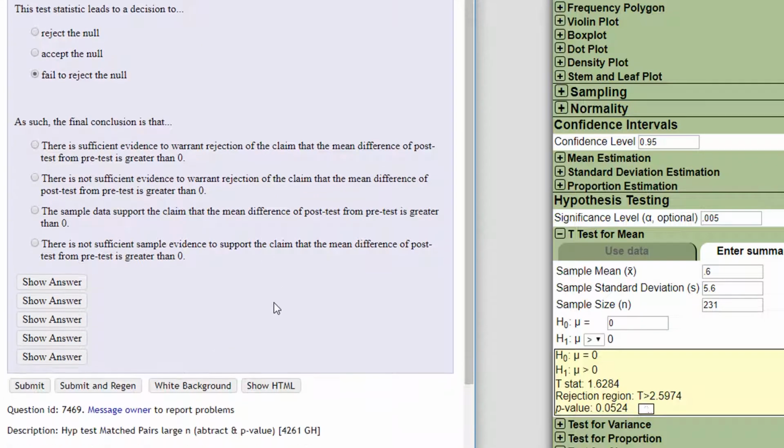So the way we would interpret this, we would say that there's not sufficient evidence to warrant rejection of the claim that the mean difference of post-test from pre-test is greater than 0. To refute the claim, no, that it's equal to. It is not sufficient evidence to warrant rejection of the claim.